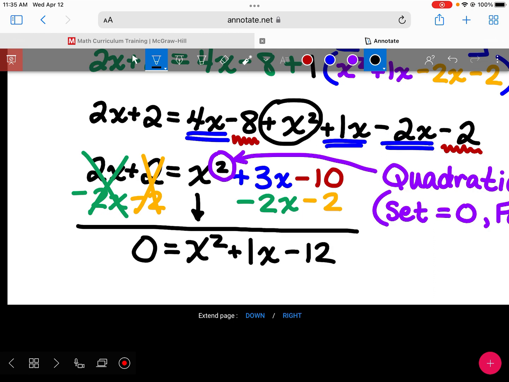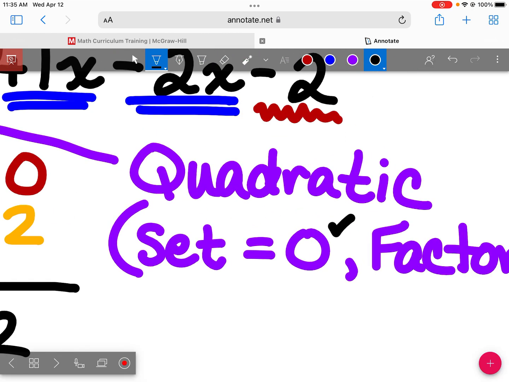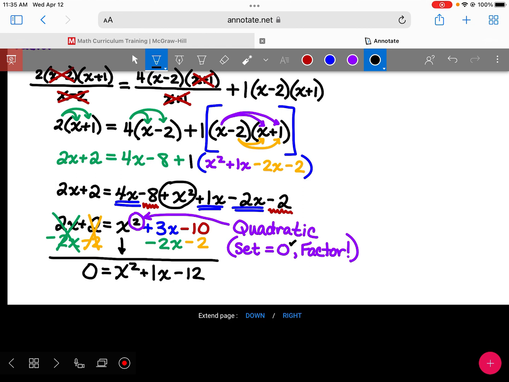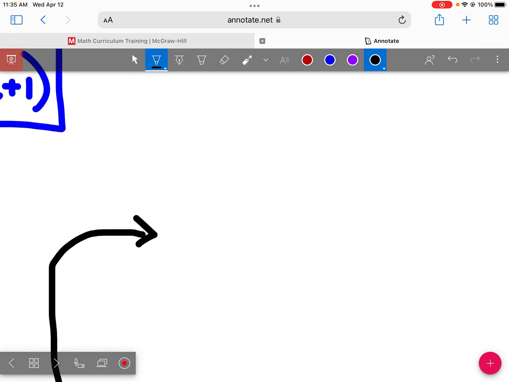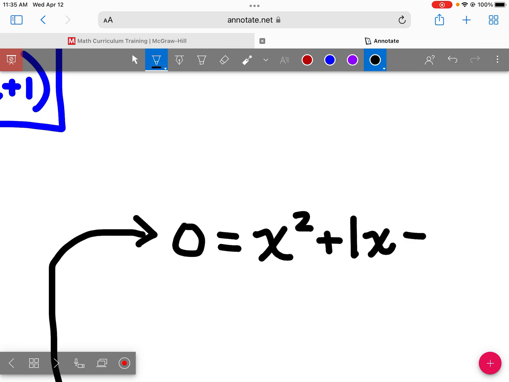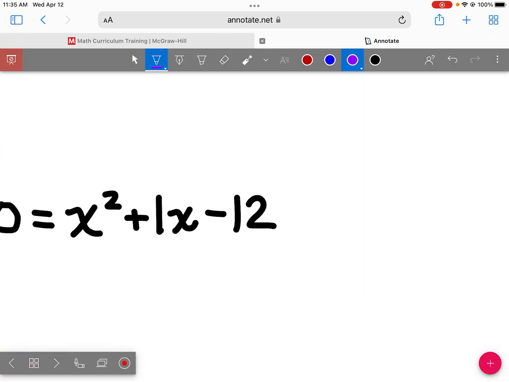Have we successfully set it equal to 0 now? All right, so we did this part. To do the factoring part, I'm going to need to swing around up here. All right, so I have 0 equals x squared plus 1x minus 12. Now I need to factor this.